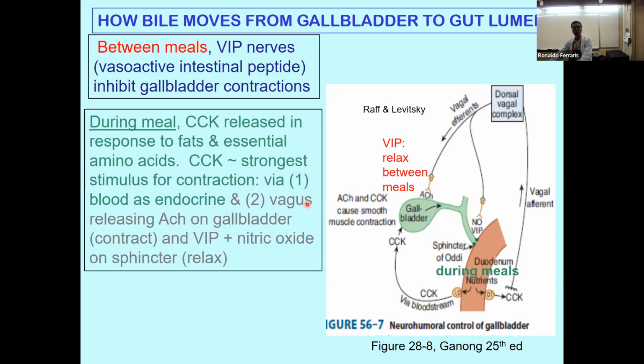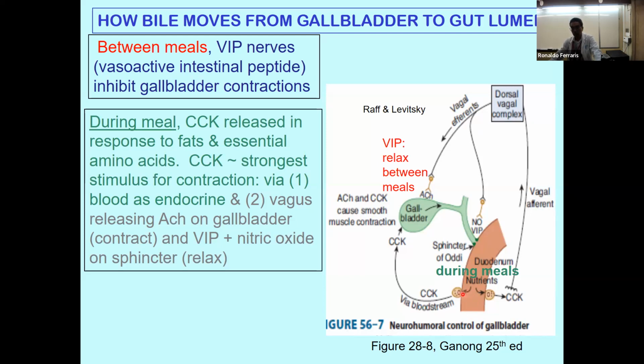So what happens during a meal? During a meal, you celebrate your wisdom in GI physiology. You eat your favorite steak, and it releases all these nutrients. The nutrients are detected by your I cells, which make CCK.